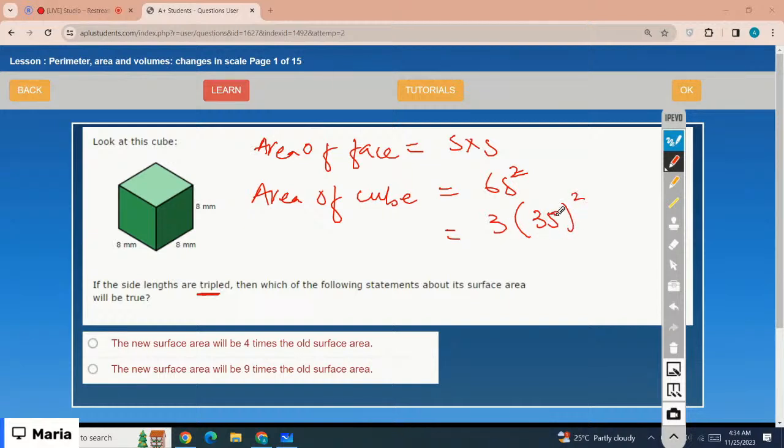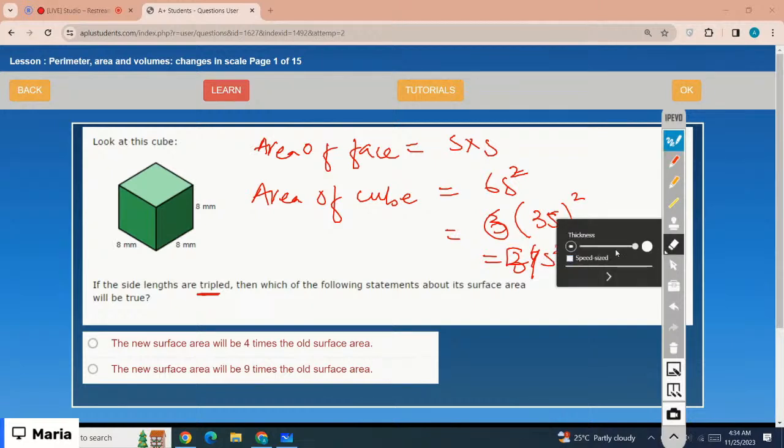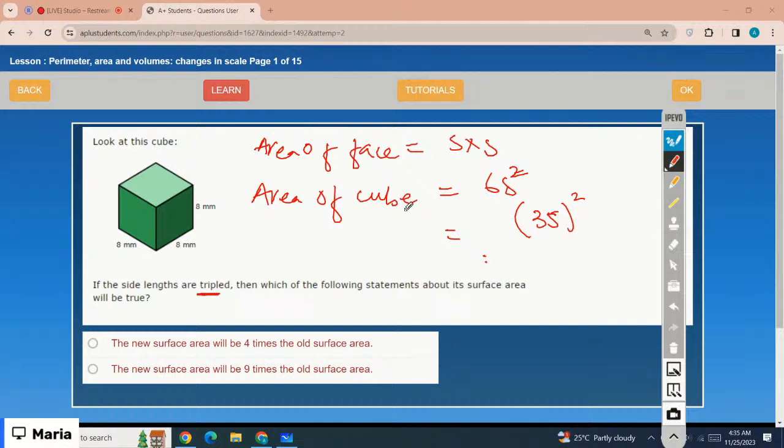So 3 squared is 9, and 9 times 6 is 54 s squared.